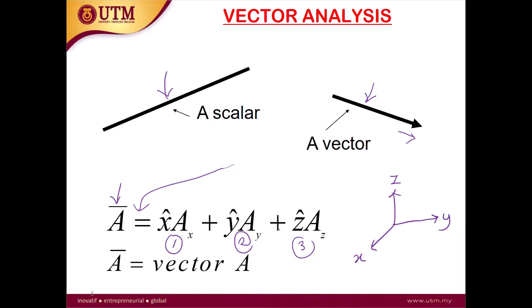So here Ax means the magnitude along the x-axis, Ay the magnitude along the y-axis, and Az the magnitude along the z-axis. While the x, y, and z hats here represent the unit vectors.